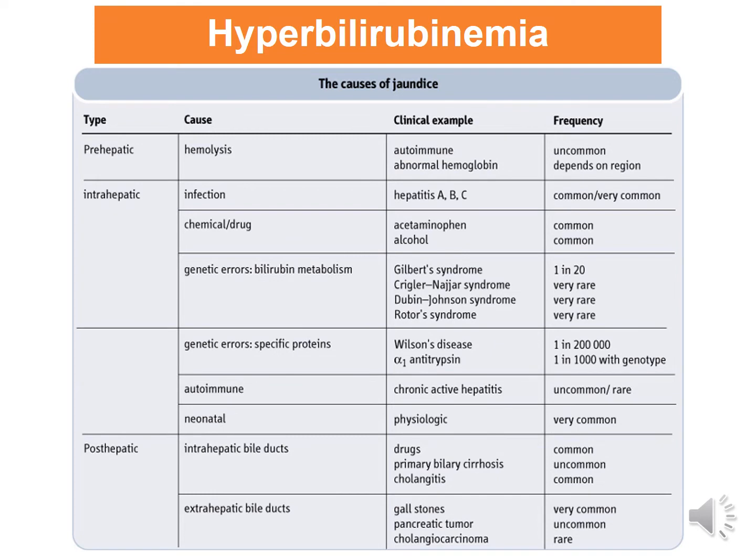Hyperbilirubinemia may be caused during prehepatic jaundice by hemolysis, during intrahepatic jaundice by infections, chemicals, drugs, genetic errors, autoimmune disease, or neonatal causes. And posthepatic jaundice could be caused by intrahepatic bile ducts and extrahepatic bile ducts.